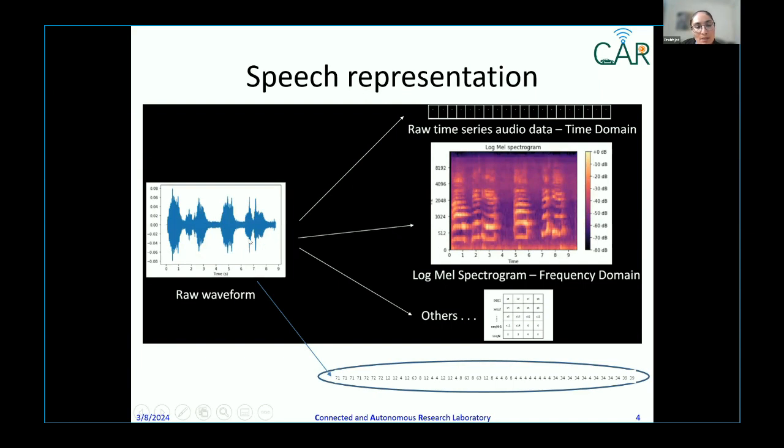And then we can convert this raw waveform into a sampled signal, or into a frequency representation called a spectrogram, or some other representation. This is normally how audio signals or speech signals are represented.